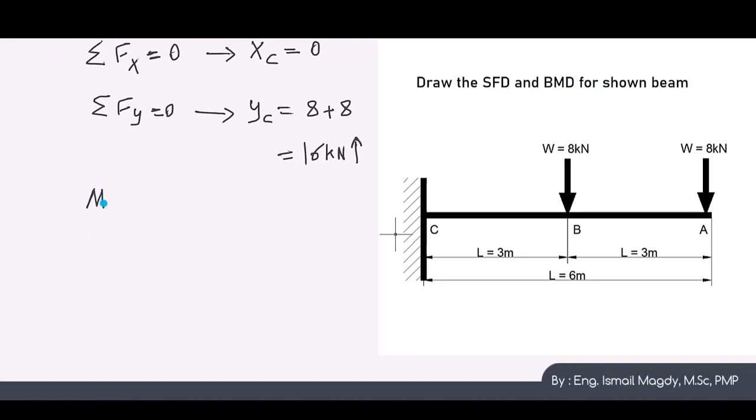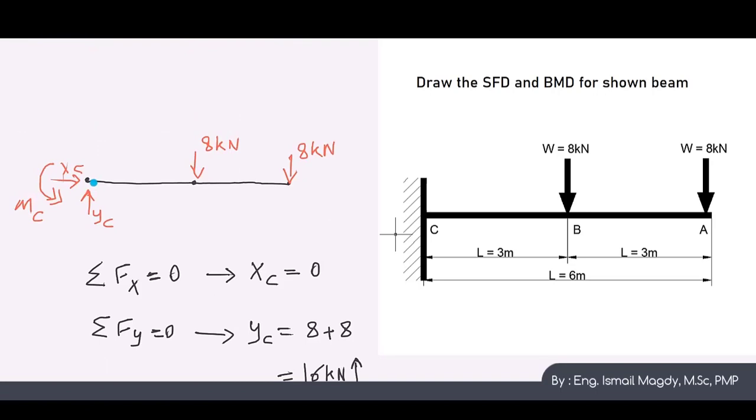Let's calculate the moment MC, which will equal 8 multiplied by 3 plus 8 multiplied by 6. In order to calculate it, we have this force multiplied by this distance, and this force multiplied by this distance.